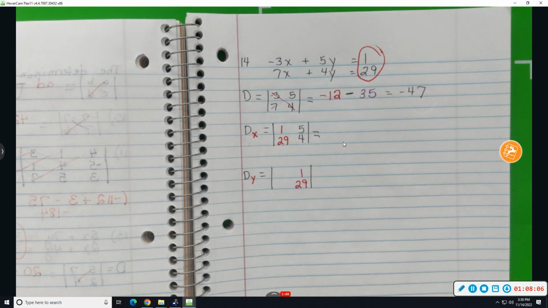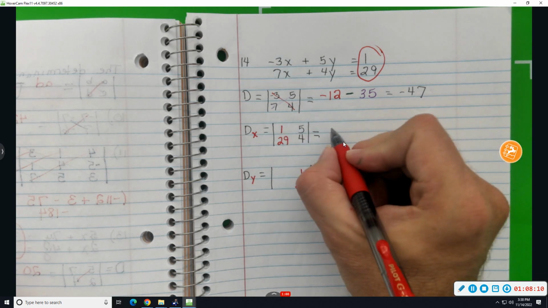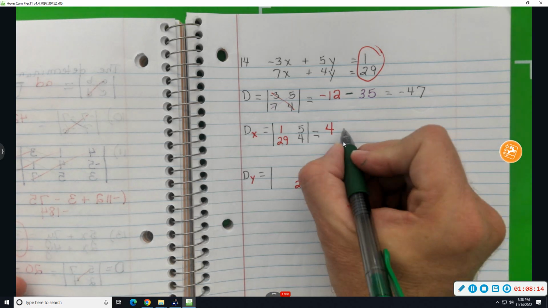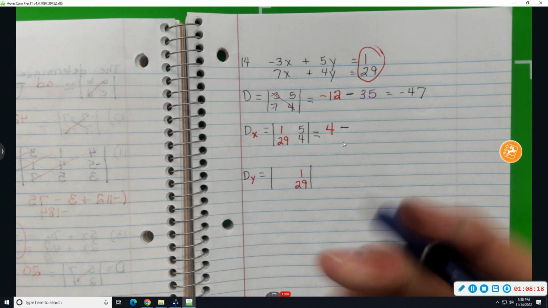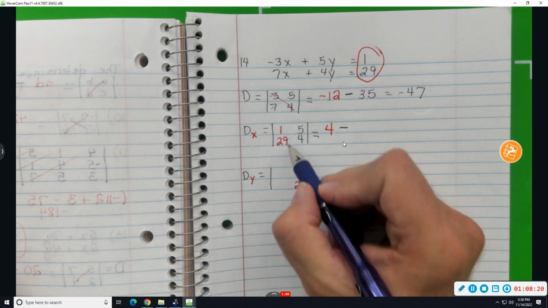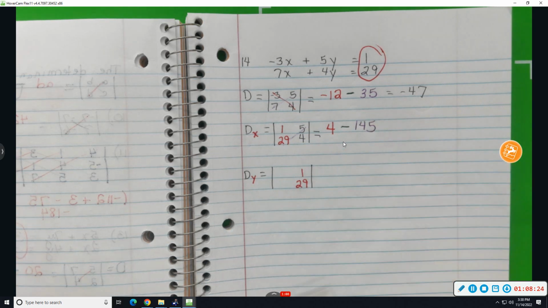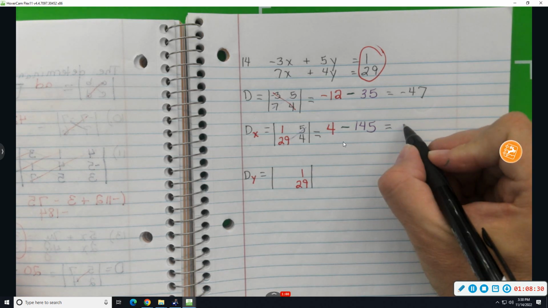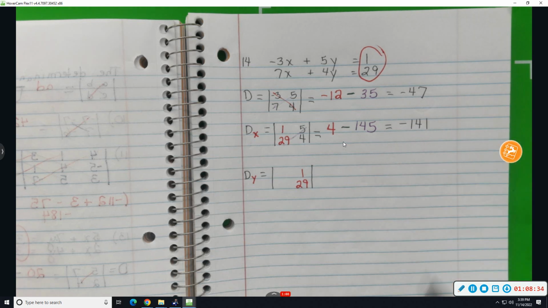And we do the little crisscross. 4 minus 29 times 5, 145. Right. So what are we getting for D subscript x? Negative 141?